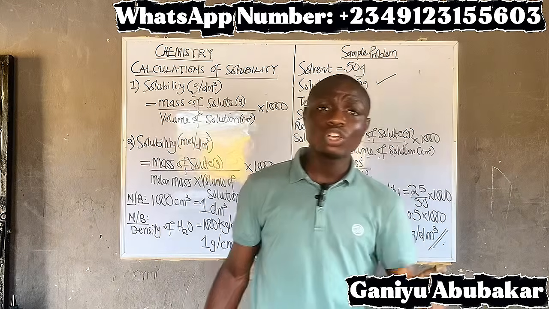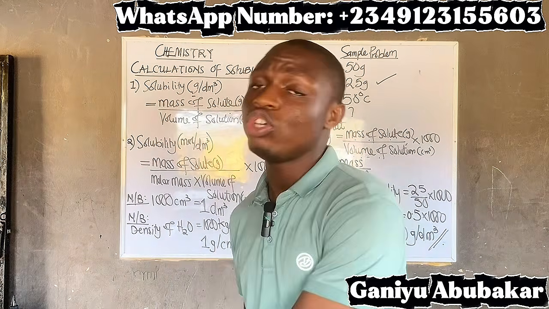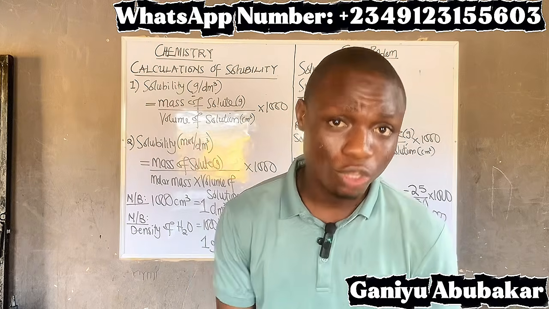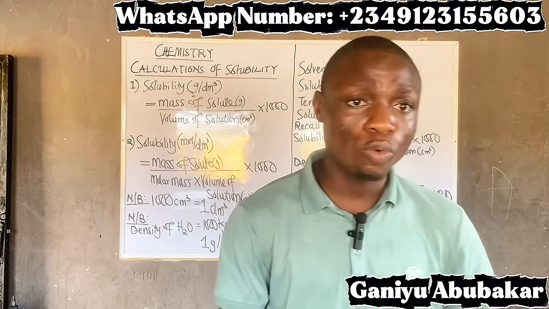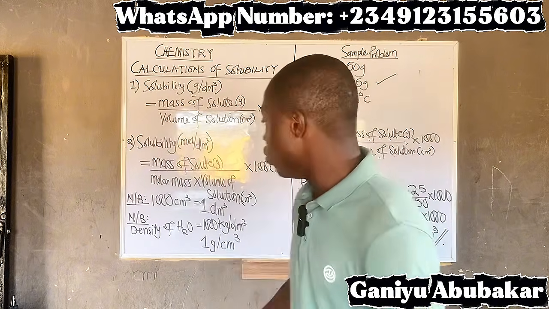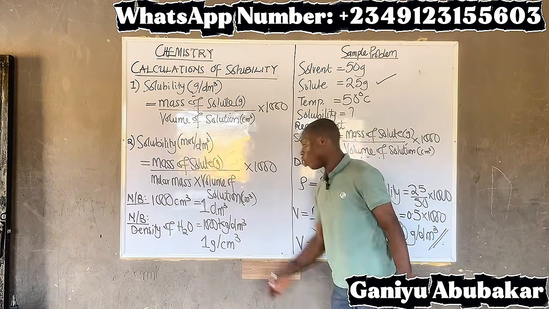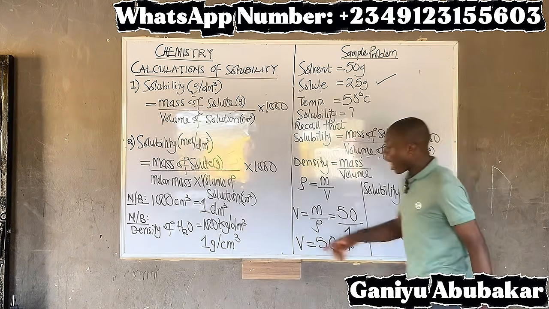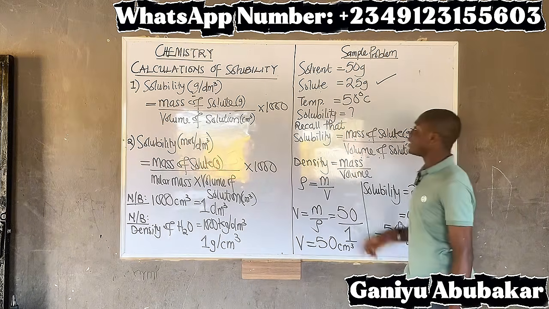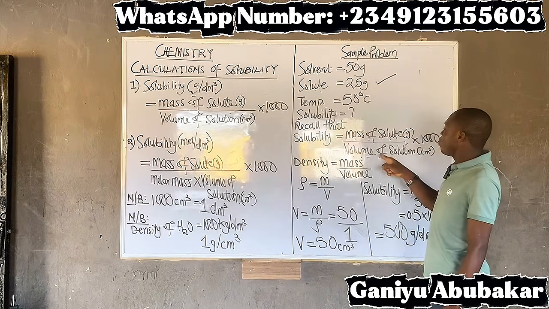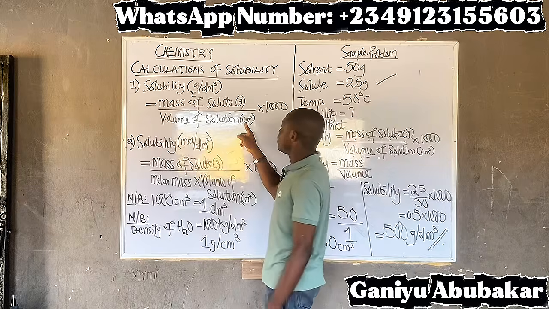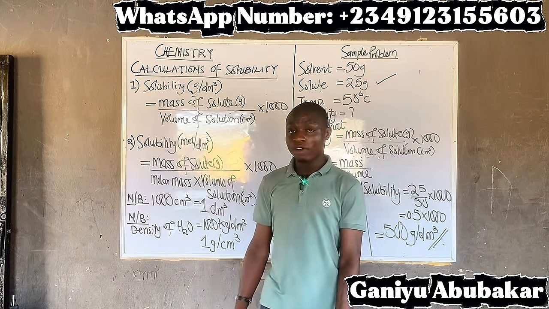It is 1000 kilogram per dm cube, or 1 gram per cm cube. Depending on the unit you are working with determines which value to use. I use 1 gram per cm cube because my stuff is in gram and the volume of solution is in cm cube. That's why I use that value 1.